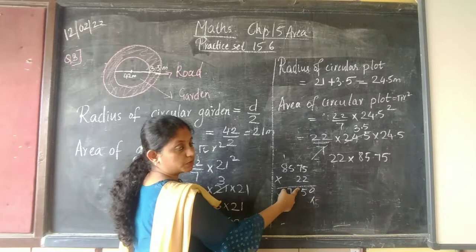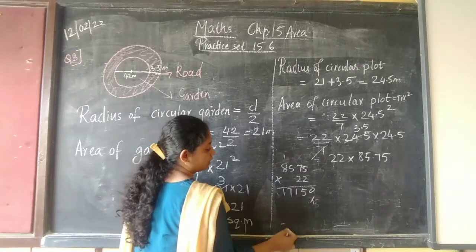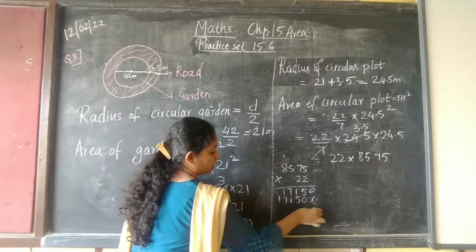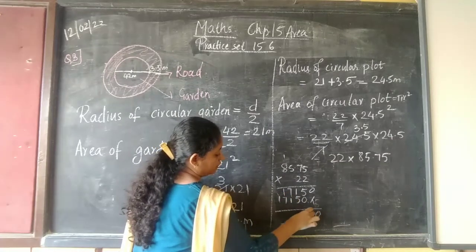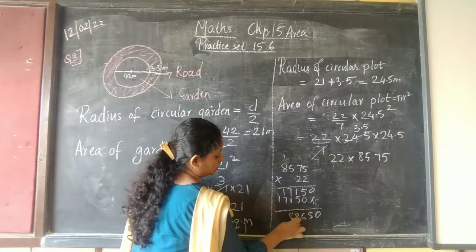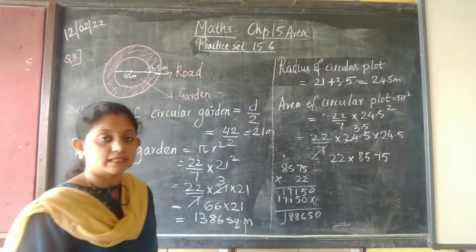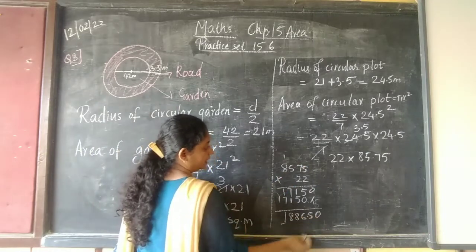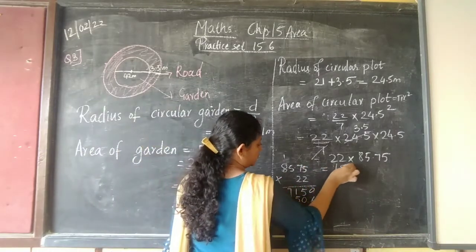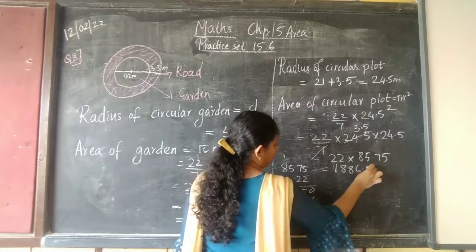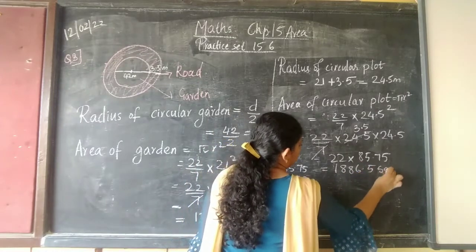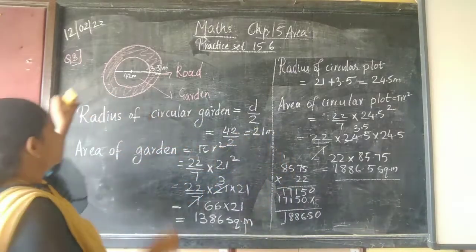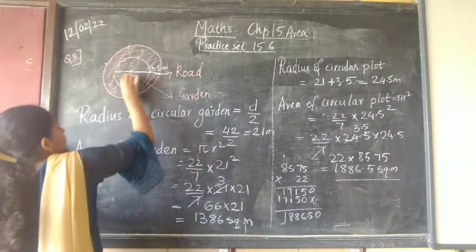Here we got once we multiplied, now again it will be the same thing. 0, 5, 1, 7, 1. 0, 5, 6, 8, 8, 1. And decimal point you have to put up, that is before two numbers. So what you are getting here? 1886.5 square meter. This is the full area of this entire portion.